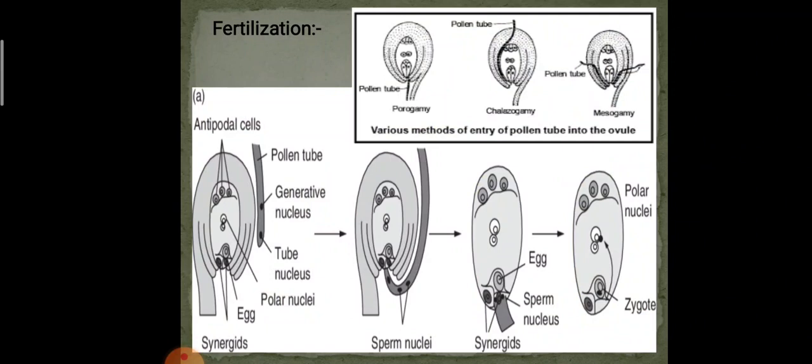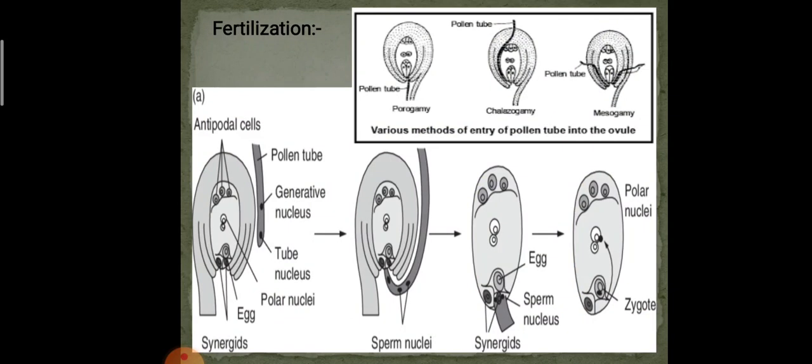When the pollen tube enters by the micropyle, it is known as porogamy. When it enters by the chalazal end, it is known as chalazogamy. And when it enters by the integumentary region, it is known as mesogamy. These are the 3 types of entry of the pollen tube into the ovule.